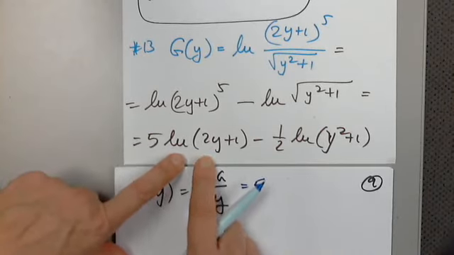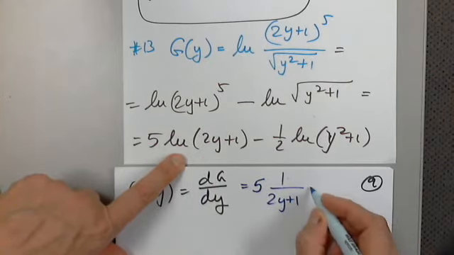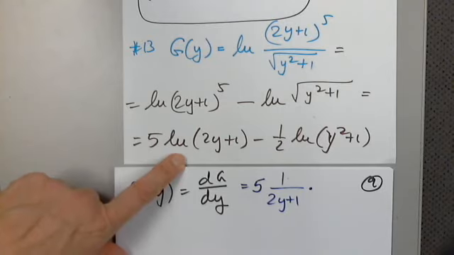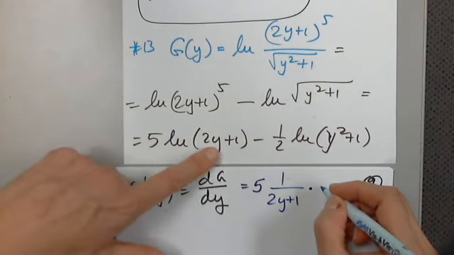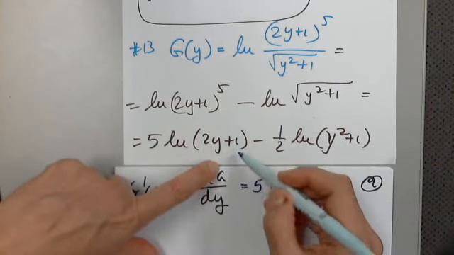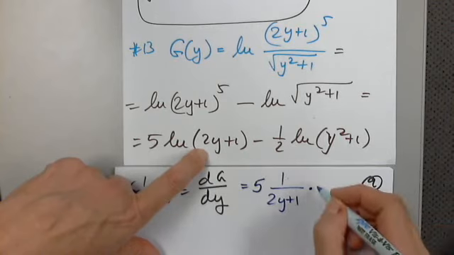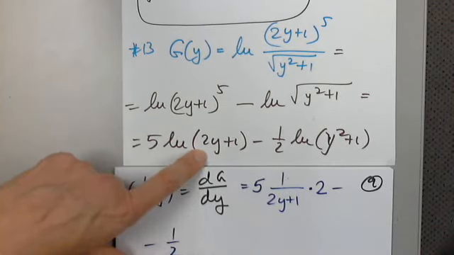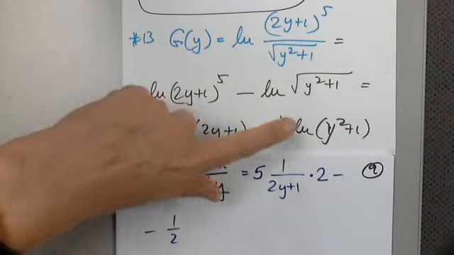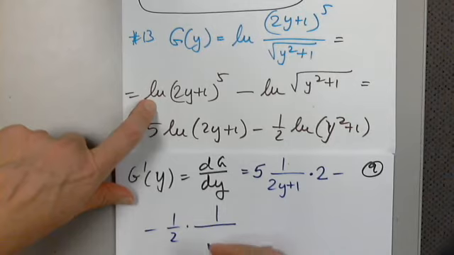When I differentiate log, I have 1 over 2y plus 1 multiplied by y is a simple variable, multiplied by what's that time? 2. Good. Minus 1 half, 1 over y squared plus 1 times 2y.